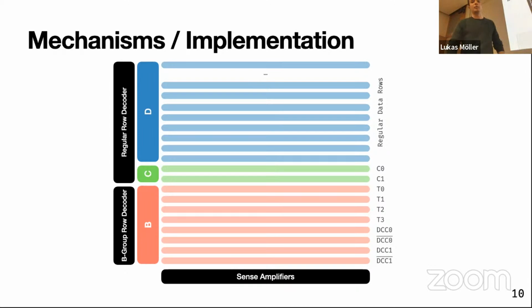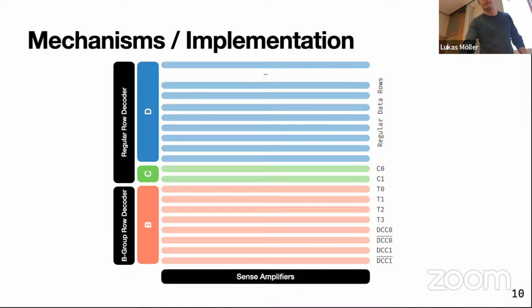Then we have the control group with 2 constant rows, one which always stores zeros in all of the DRAM cells and one which always stores ones in all of the DRAM cells. Then we have the compute rows, the bitwise group, with normal cells and also these dual contact cells, which allow inverting the input of the other cell. So this is one cell made up of two cells so that we can get the inverted data back out of the cell.